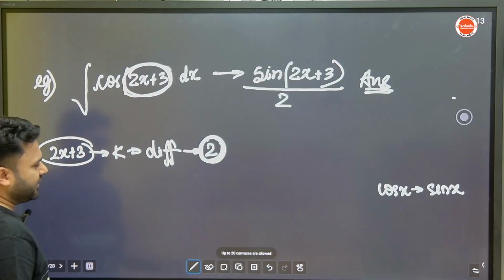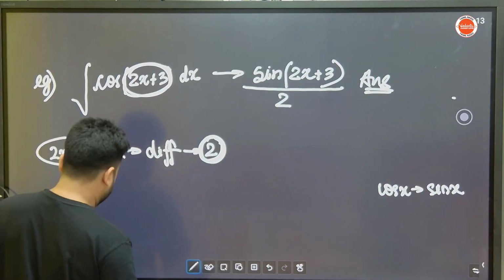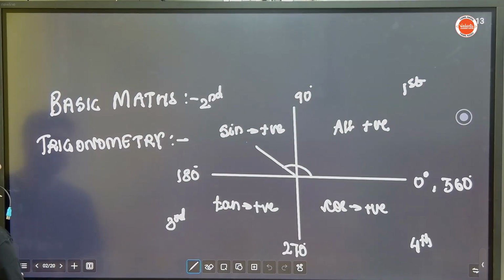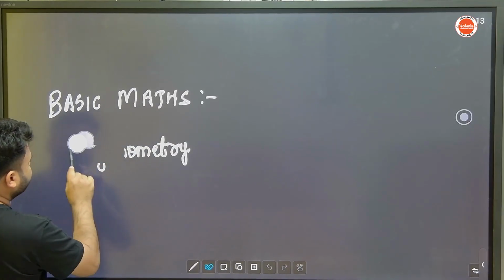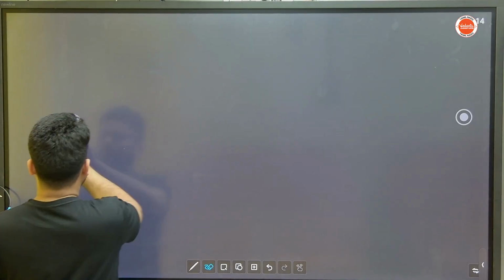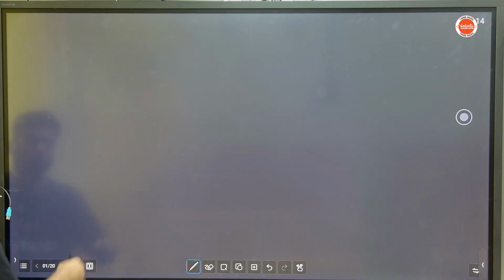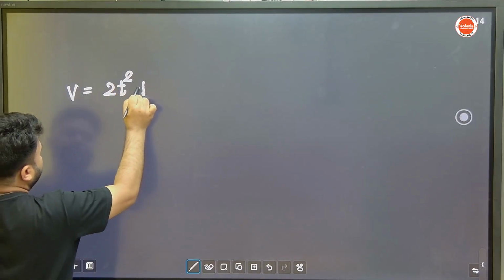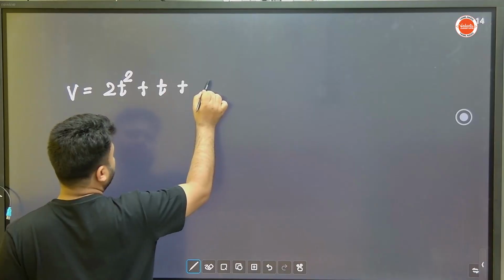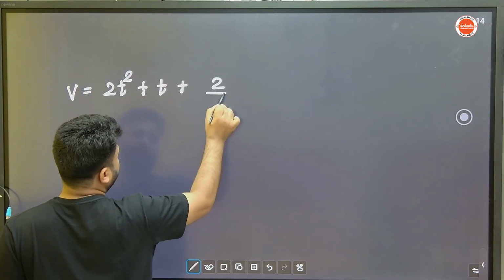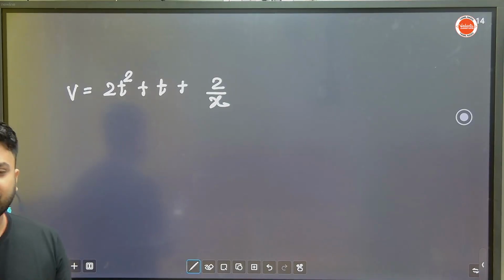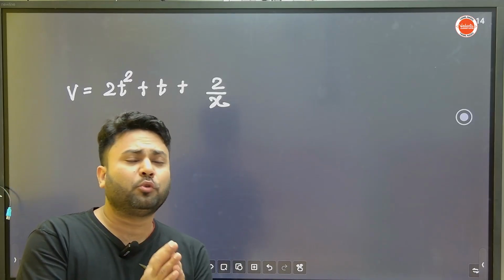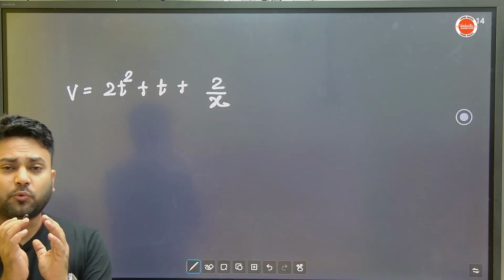Now see, let's take another example so that you understand better. Suppose v equals 2t square plus t plus 2 by t. This is the equation. Try to understand. And we want to integrate this. First, what is the format?